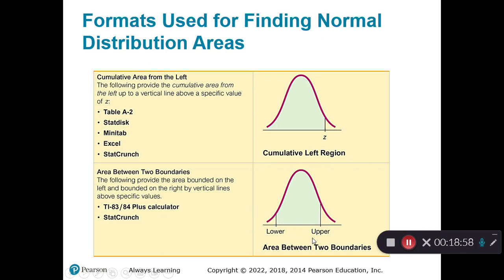What we would have to do is look up both z-scores, the one at the upper boundary and also at the lower boundary, and then we would take the two areas that correspond to those two z-scores and subtract them. Here it's recommending that we use technology, but I'm going to show you that it's just as easy to use the table.